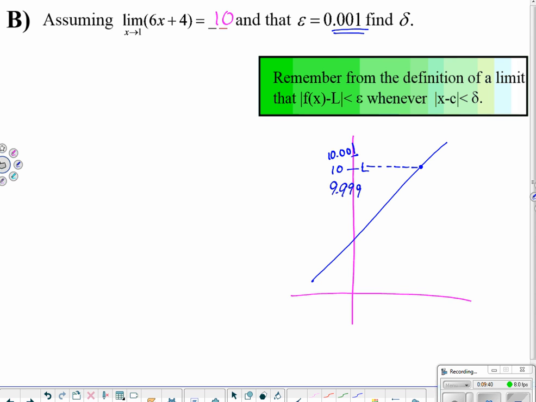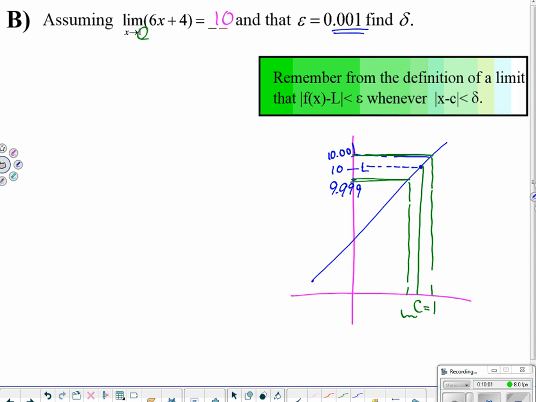That's my bandwidth that I want to maintain, which implies then here is c being 1.